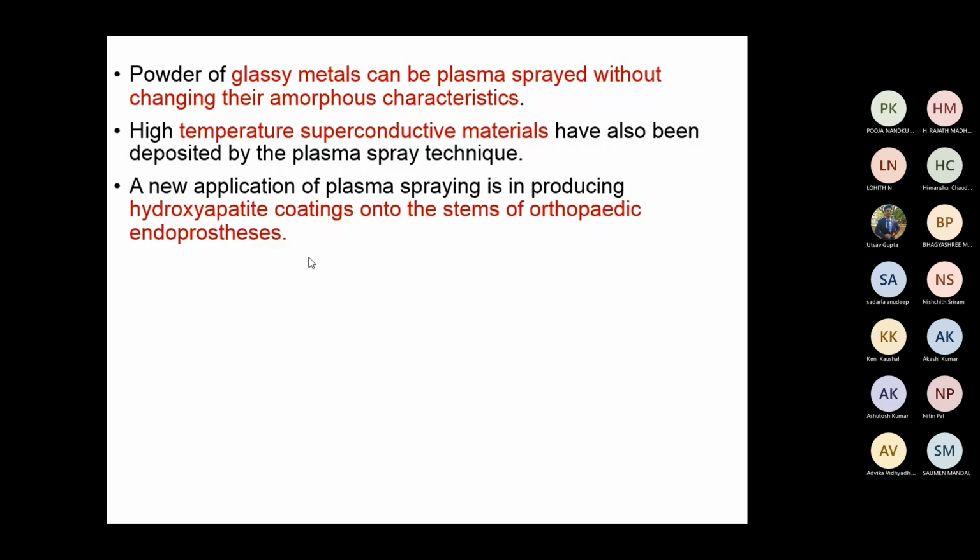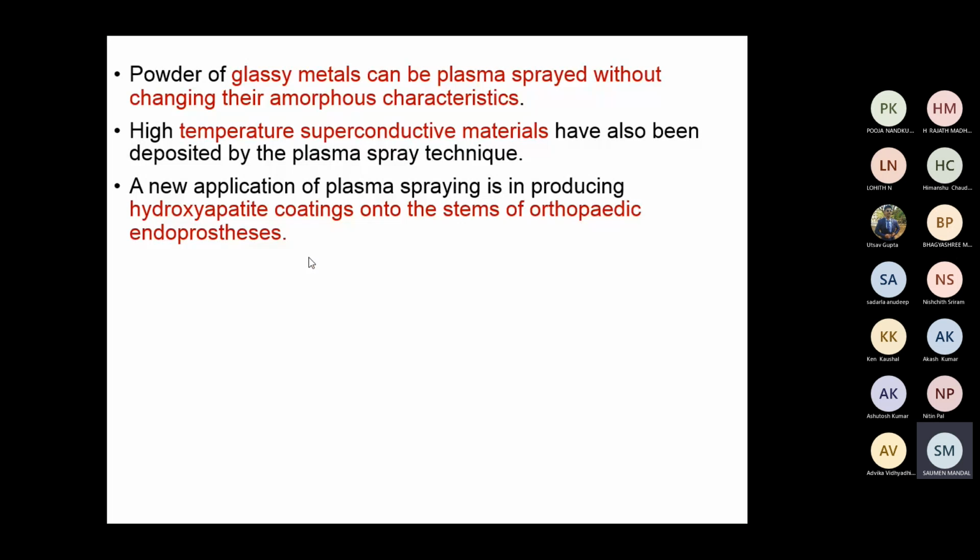Let's say someone has a fractured bone. The bone needs to be fixed by a metal plate. This metal plate, of course, is a metal object, so it's not compatible with our body. But if you make a hydroxyapatite coating, which is our bone material, on top of it, then the toxicity will be much, much less and the compatibility will be more.